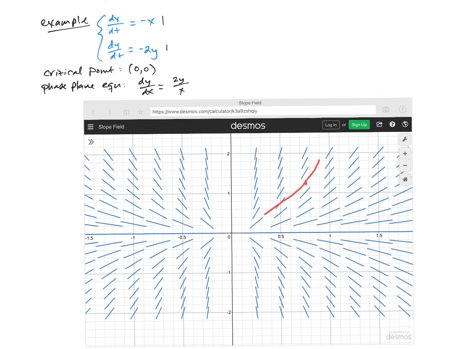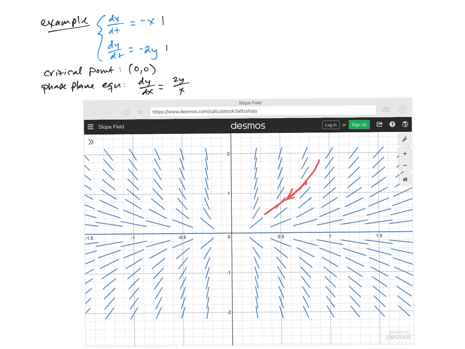But if we're in this quadrant, x is positive, so dx/dt is going to be negative because dx/dt equals -x. So we're going to be moving in the negative x direction, which is left. So our arrows are going to have to go this way.